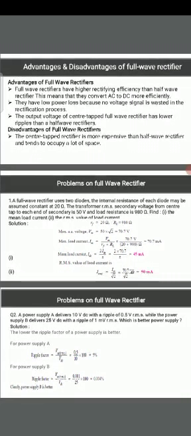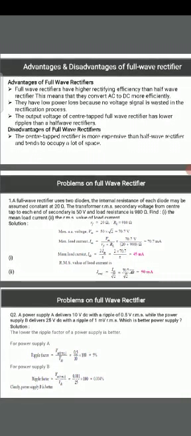In case of half wave rectifier, just one diode, one resistive load and one transformer are enough. But in case of full wave rectifiers, the center tap full wave rectifier has 2 diodes, one resistive load and one transformer.